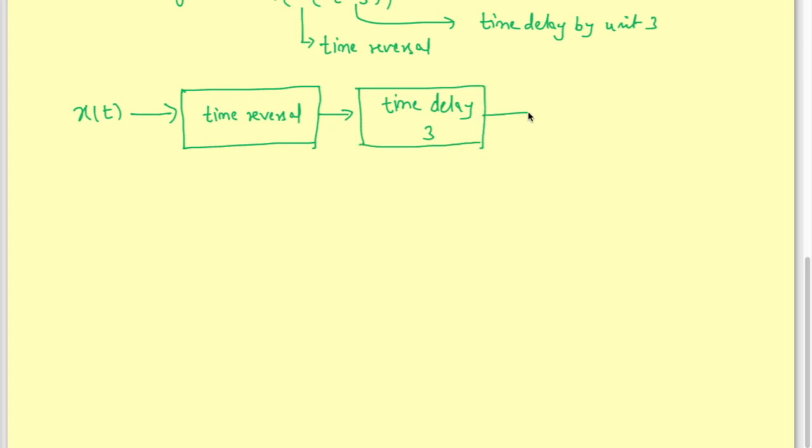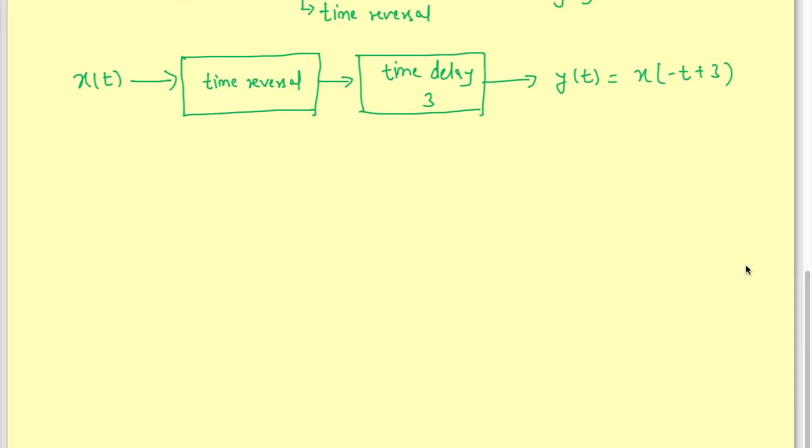Then I will get my signal y of t is equal to x of minus t plus 3. So this is my signal x of t. It is from minus 1 to 3. This is my time axis. This is x of t.